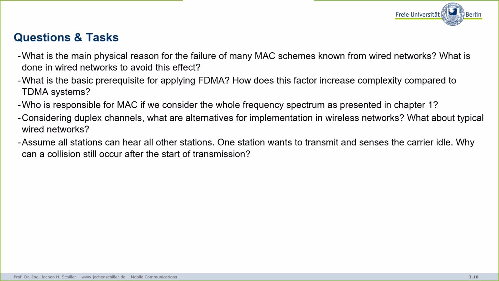Does anyone know what is the difference? We have attenuation also in wired networks, in wireless and in wired. But why don't we have hidden terminal problems in wired networks? Okay, one of the answers is in wired networks, one station transmits, all others will receive. Attenuation is way bigger in wireless.